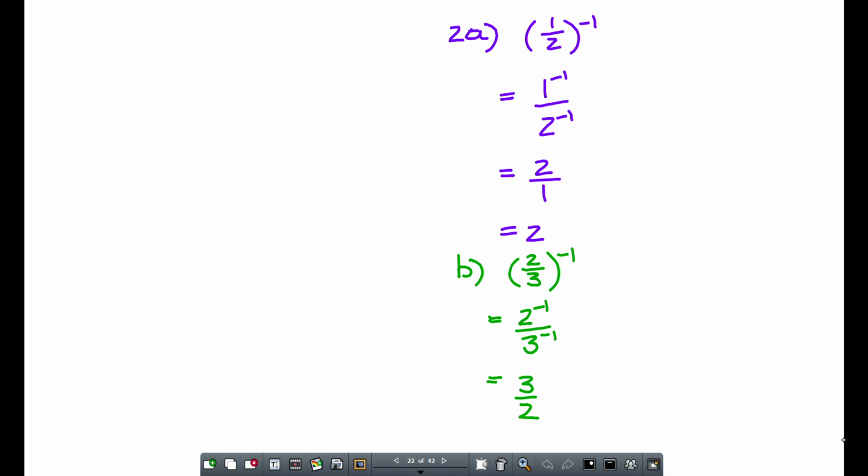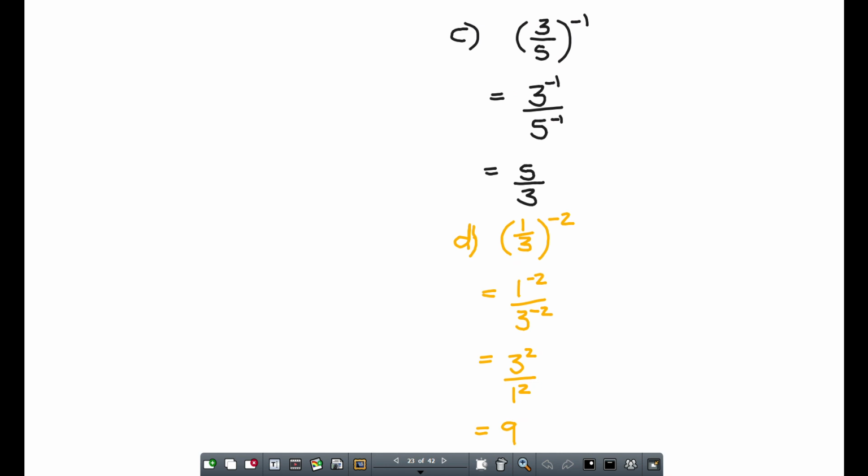Okay. Right. There's C and D. Again, please remember that if I change that exponent to a positive, what was inside the bracket will just flip around. And in this case, because it was all to the power of 1, it will stay just 5 over 3. At D, it's slightly different.